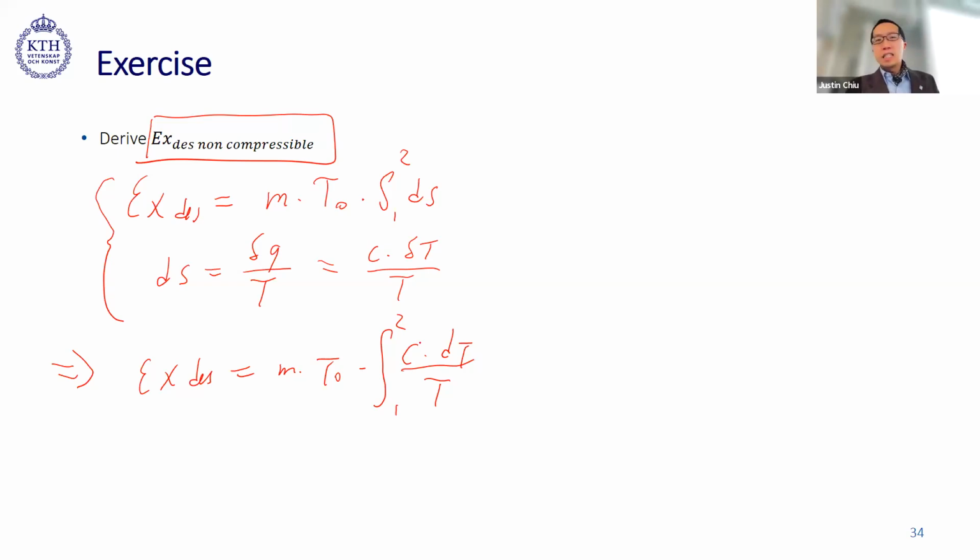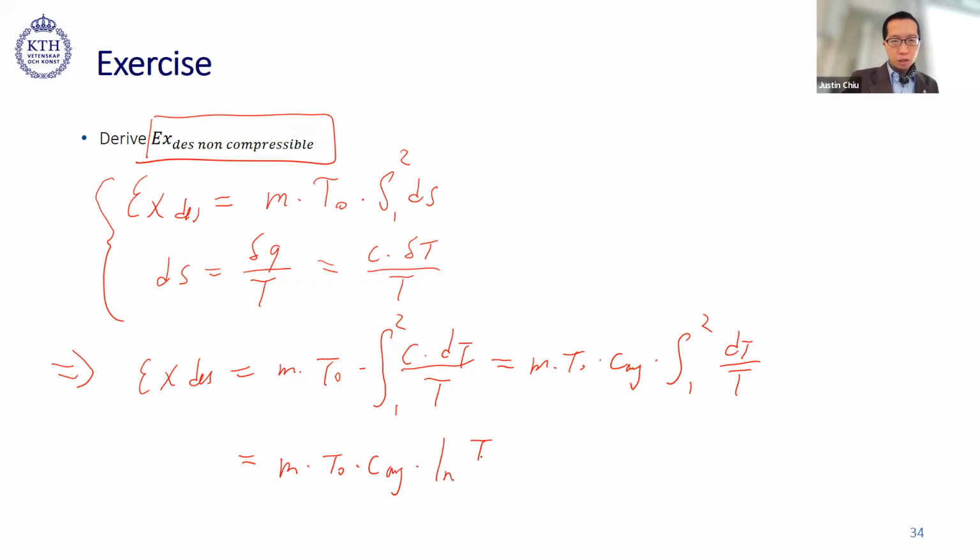Of course, the specific heat capacity C changes as a function of temperature, but in this case let's say we take just the average, or we assume it's a constant. So C average times the integration of dT over T. You know the integration of dT over T is log T. So you get m T ambient C average log T2 over T1.